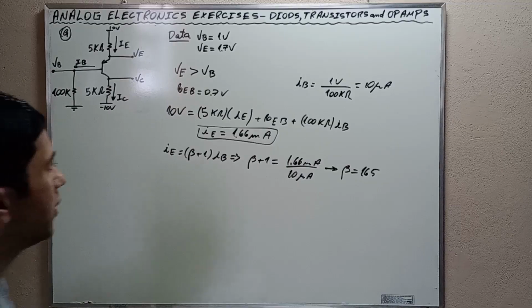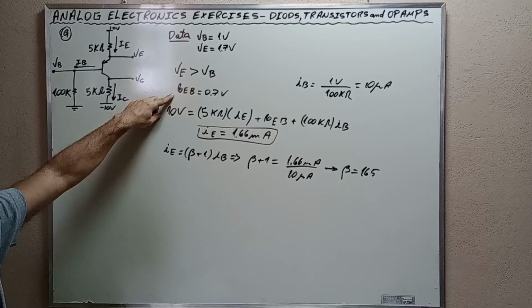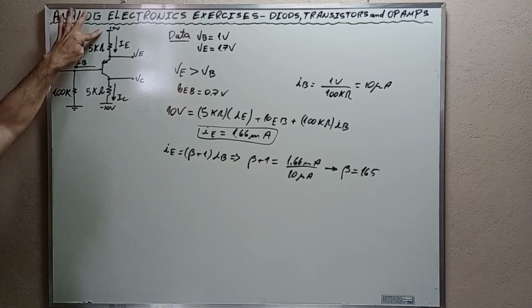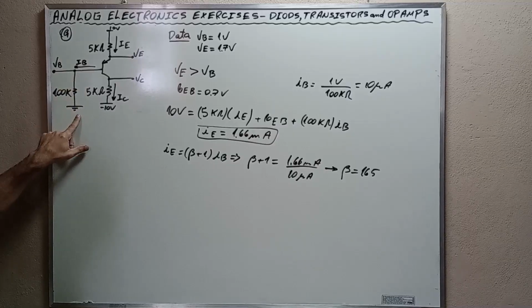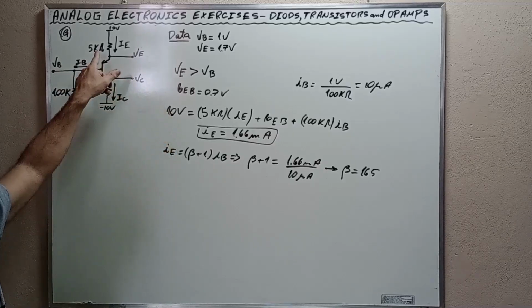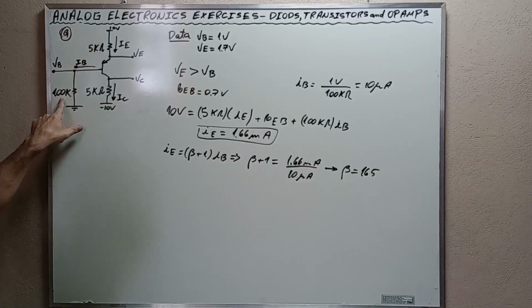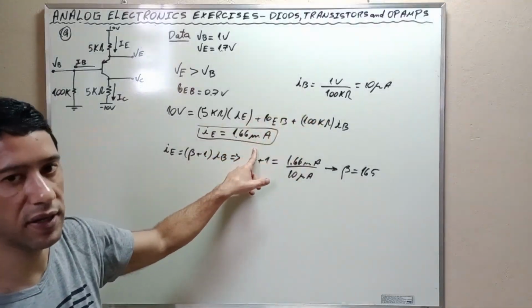Firstly, we noticed that VEB is equal to 0.7, and we paid attention to the voltage drops from 10 to 0. 10 is equal to the voltage drop here plus the voltage drop here plus the voltage drop here, and using the value of IB we found IE.